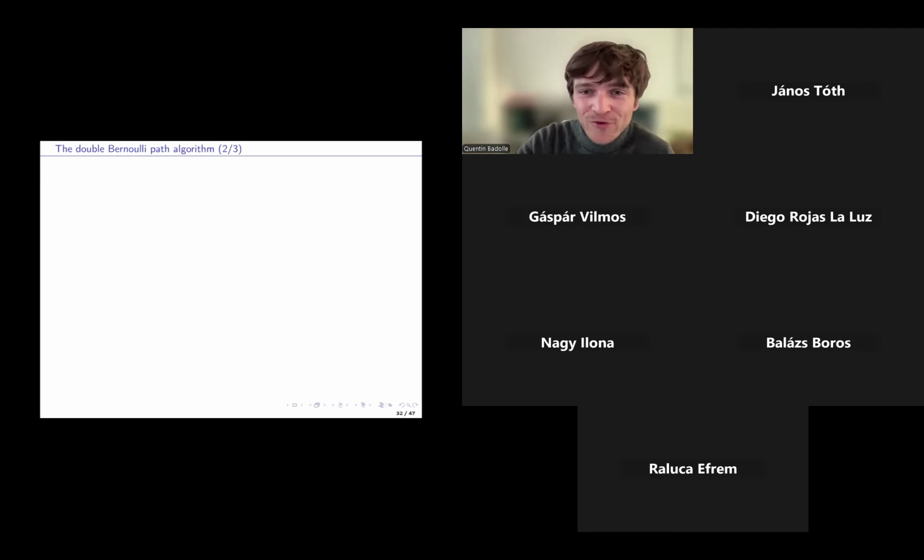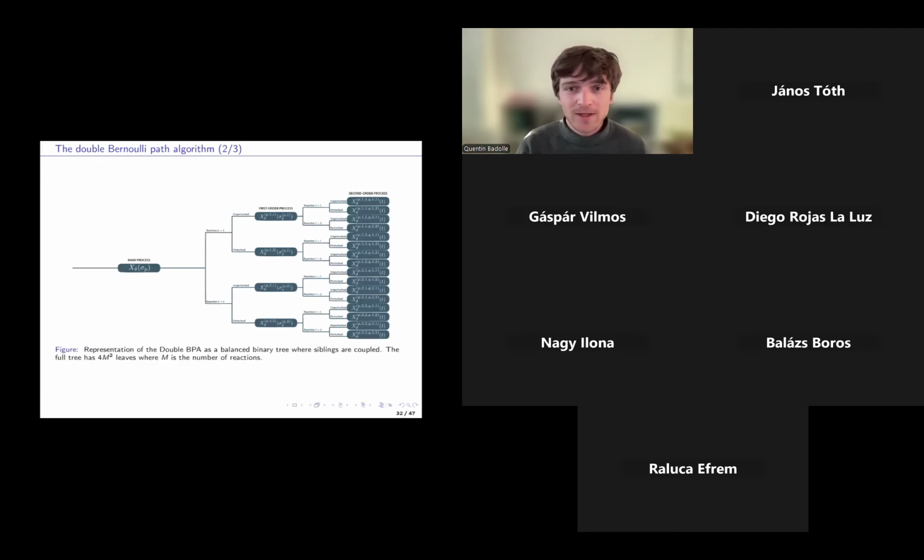So this was with words, and I'm going to quickly show you graphically how that looks. You have this main process, and let's say you have two reactions. Every time there's a jump, you have to consider this balanced binary tree. One is related to reaction k equal 1, and the second to reaction k equal 2.